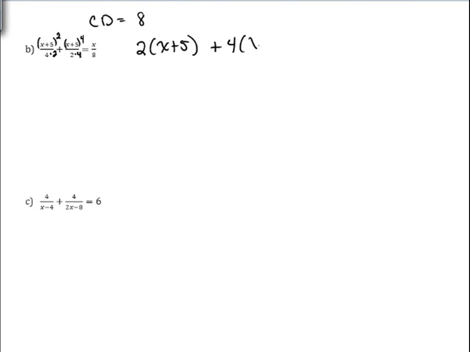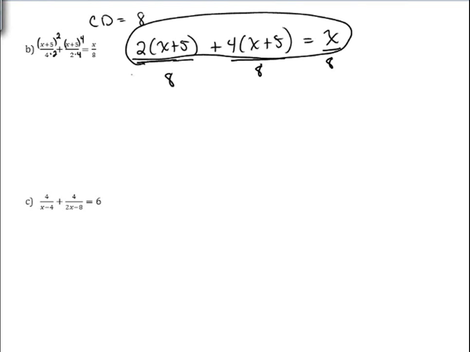plus 4 times the quantity x plus 5, and it's equal to x. And all of these were over 8. And because all of them are the same, we only need to worry about our numerators again. Now we want to distribute the 2, giving us 2x plus 10.